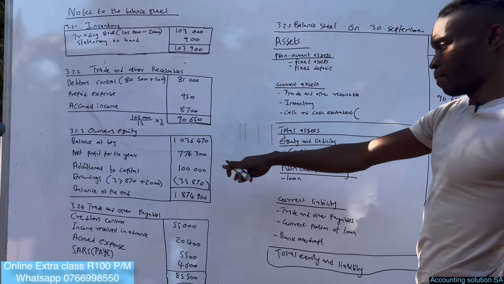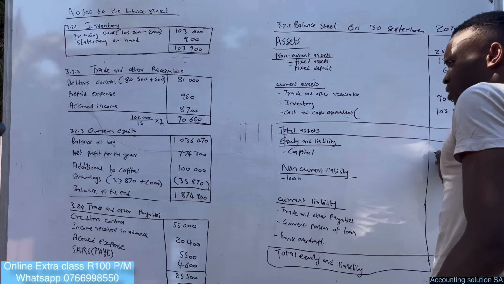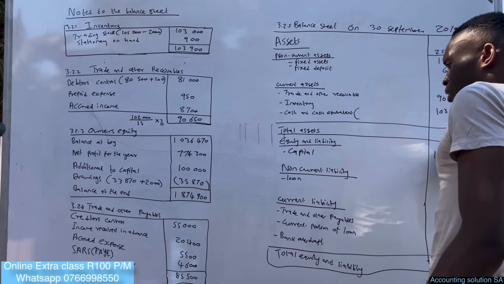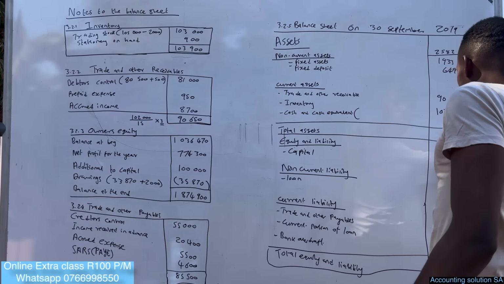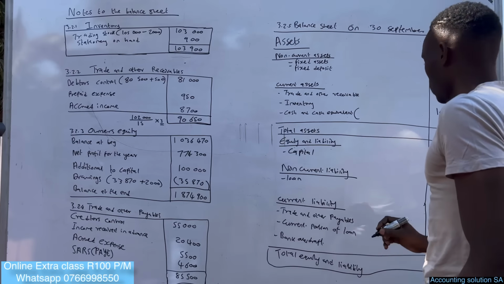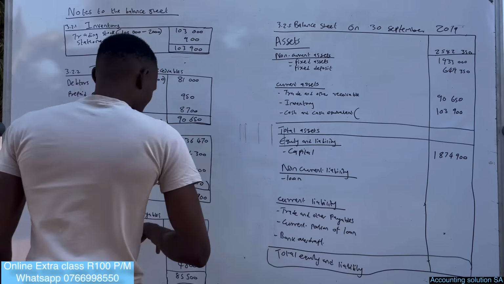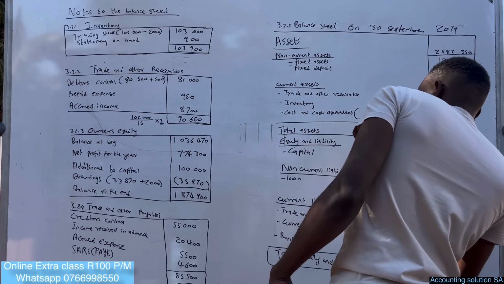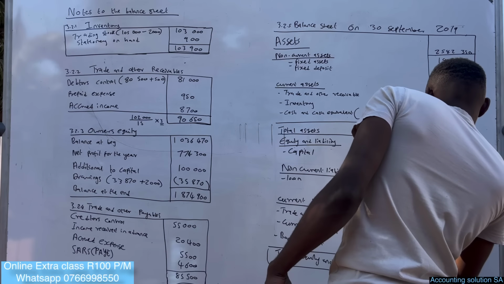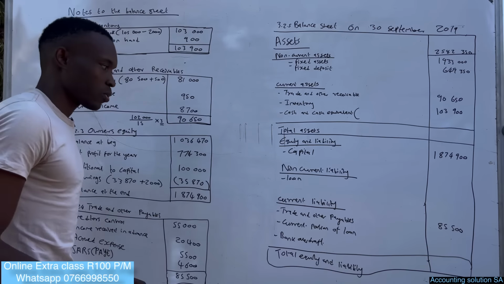Capital is this one. Okay, it's owner's equity, which is 1,874,900. Okay, and the next one, trade and other payables, is this one, which is 85,500. You see, almost we have done almost everything.